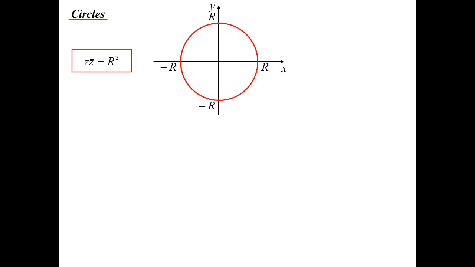Circles. Now, we're used to seeing x squared plus y squared equals the radius squared. But remember yesterday we said z times z conjugate was the sum of 2 squares. So x squared plus y squared. So now we could write the circle like that. z times z conjugate is r squared.